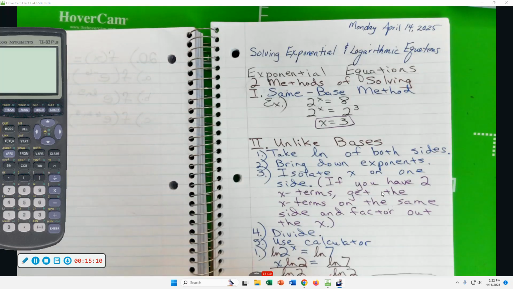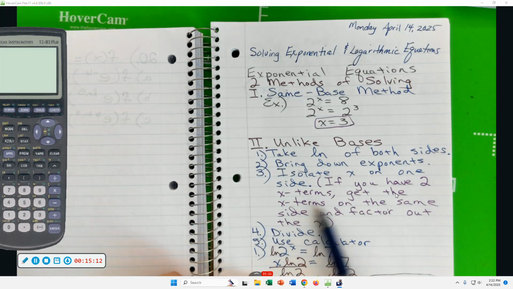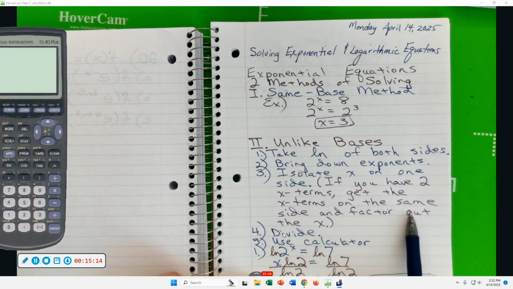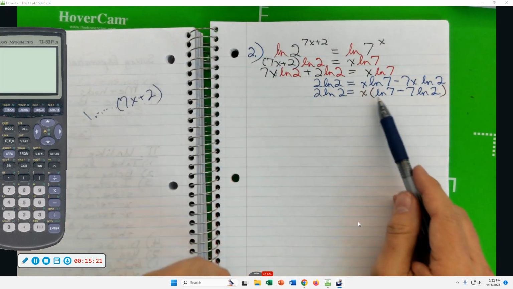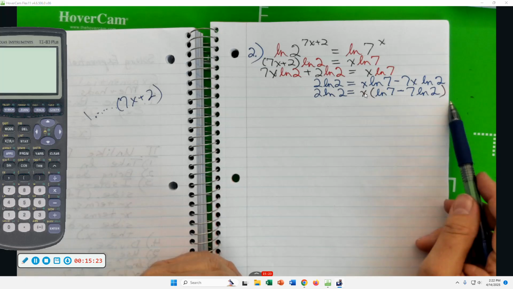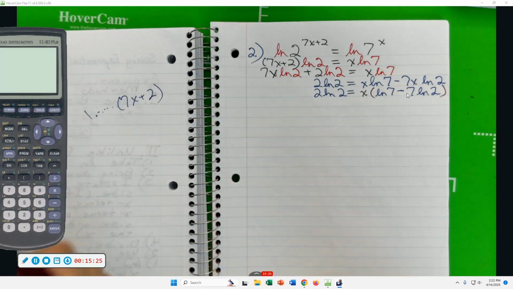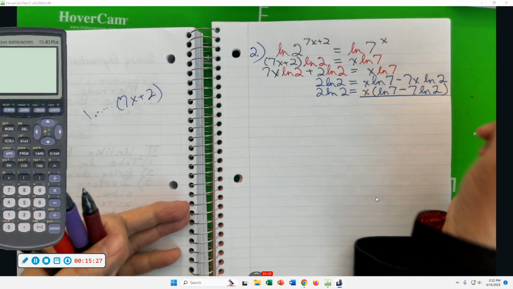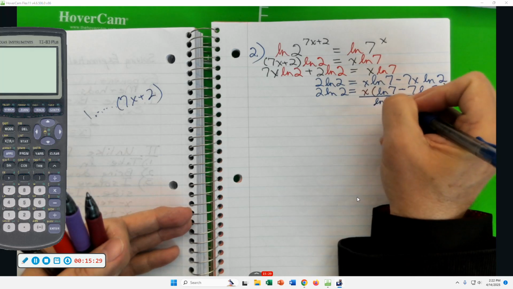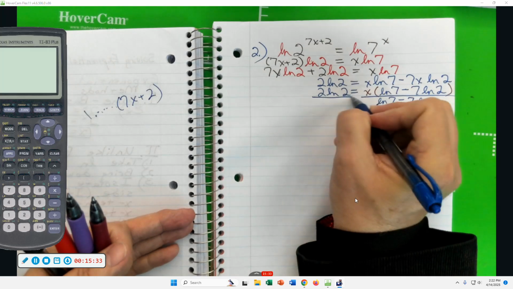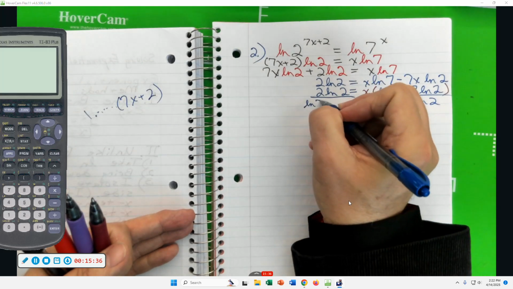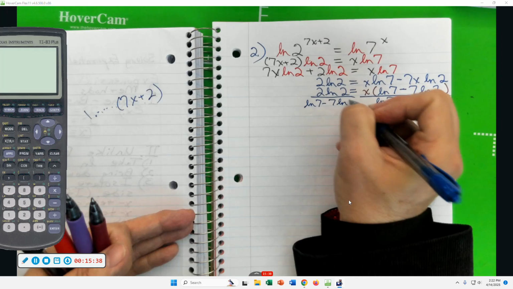So I said, get the x terms on the same side and factor out the x. We're now ready to divide. What is x being multiplied by? Unfortunately, x is being multiplied by that messy ln 7 minus 7 ln 2. So we're going to divide both sides by ln 7 minus 7 ln 2.